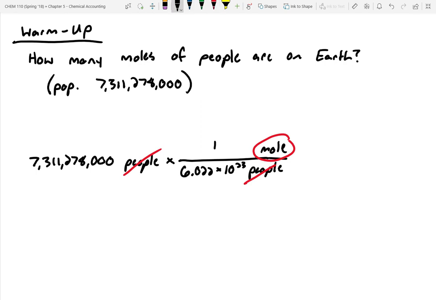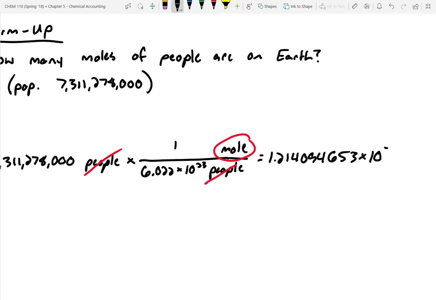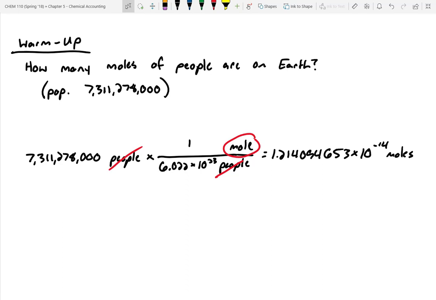So if we plug this into my calculator, I'm getting 1.214094653 times 10 to the negative 14th moles. Is that our final correct answer? No, we do need to keep track of sig figs. And in this case, this is an approximate number.